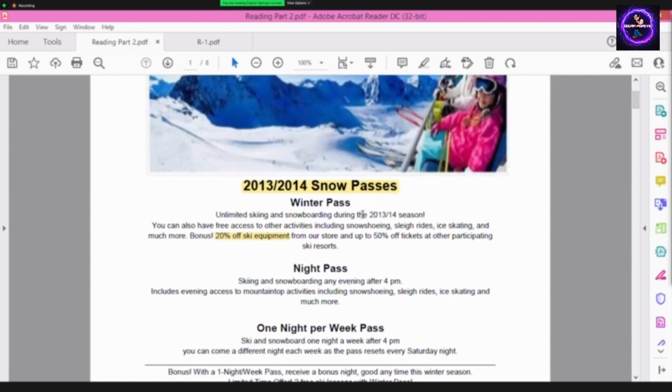This is the winter pass. We can clearly understand unlimited skiing and snowboarding. It says you can also have free access to other activities, including snowshoeing, sleigh rides, ice skating, and much more. Bonus: 20% off ski equipment from our store and up to 50% off tickets at other participating ski resorts.